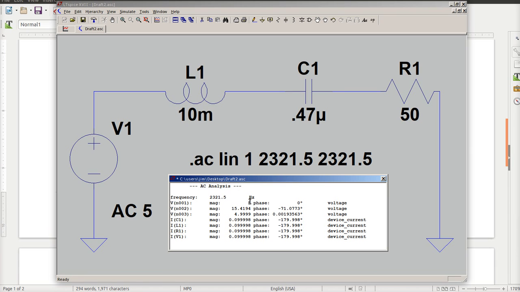So I've got a pretty hefty swing. I've got like 10 volts. So I've got 10 volts or more across this. And I will have a correspondingly 10 volts drop across this, even though I'm only putting 5 volts in the system. Now my current is almost 100 milliamps. 100 milliamps through 50 ohms.